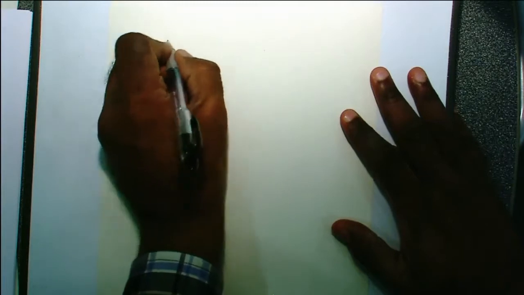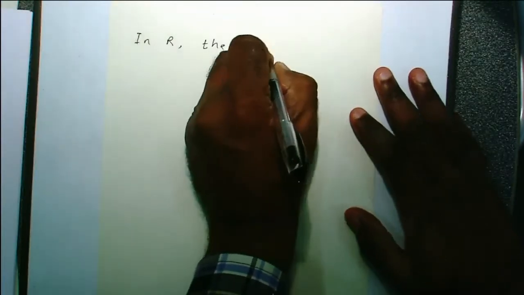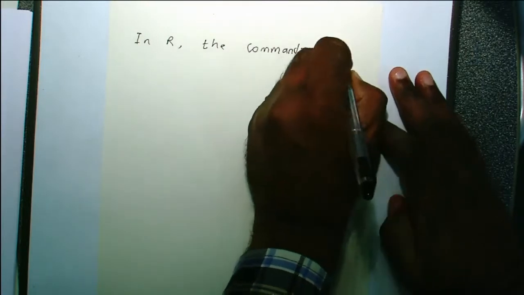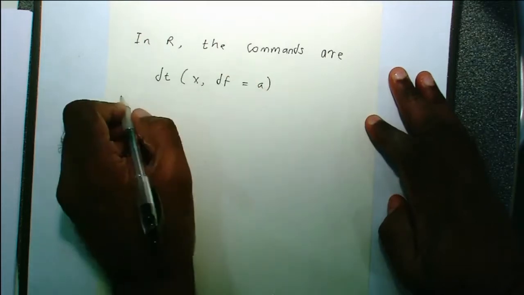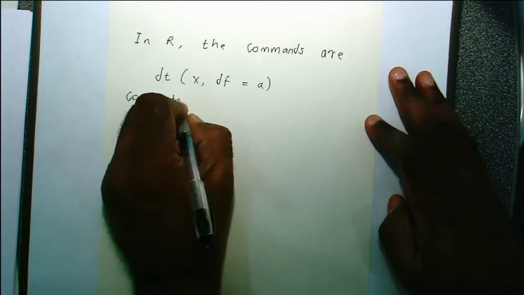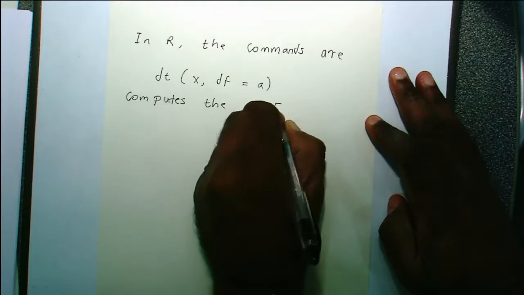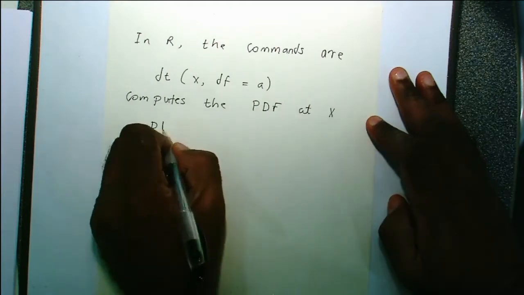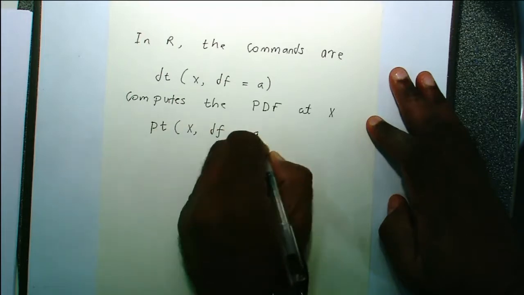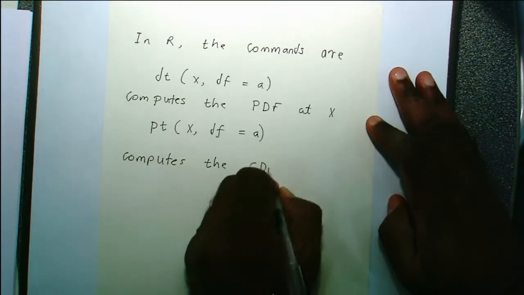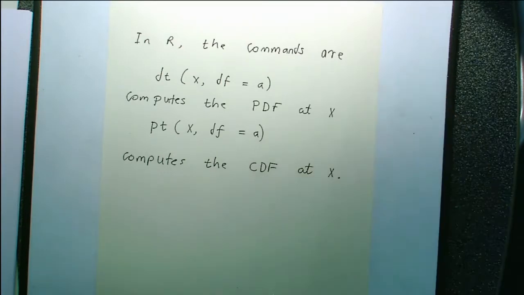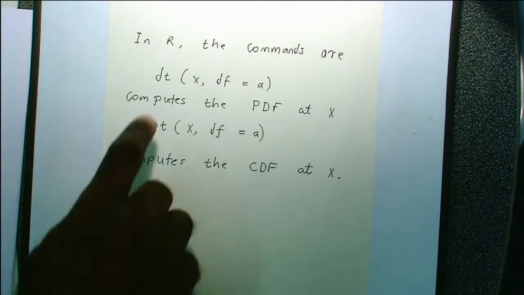The R command. In R, the commands for computing the PDF and the CDF of a student's T distribution are dt and pt.